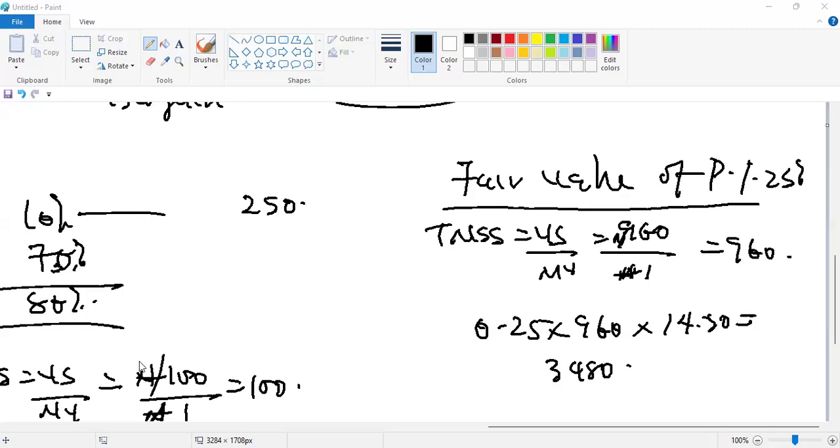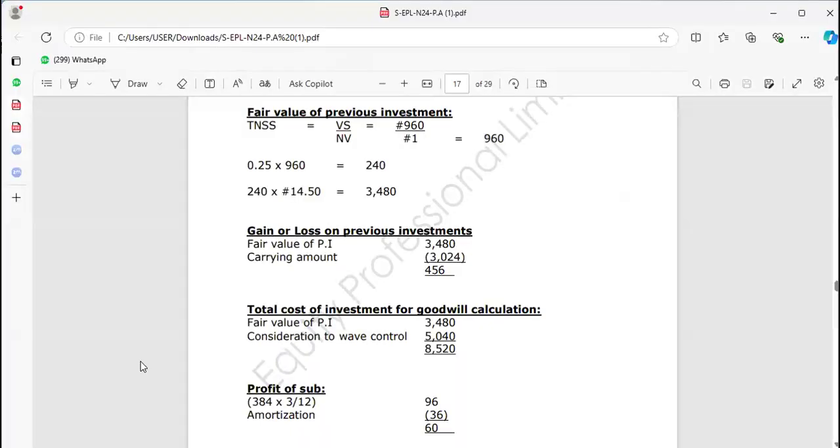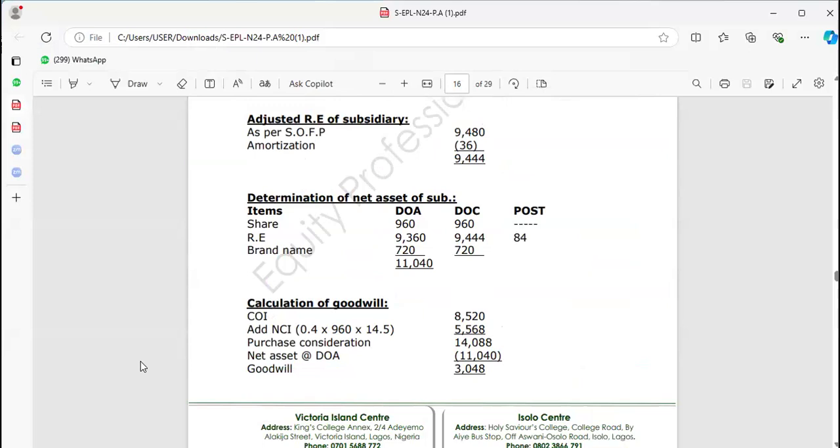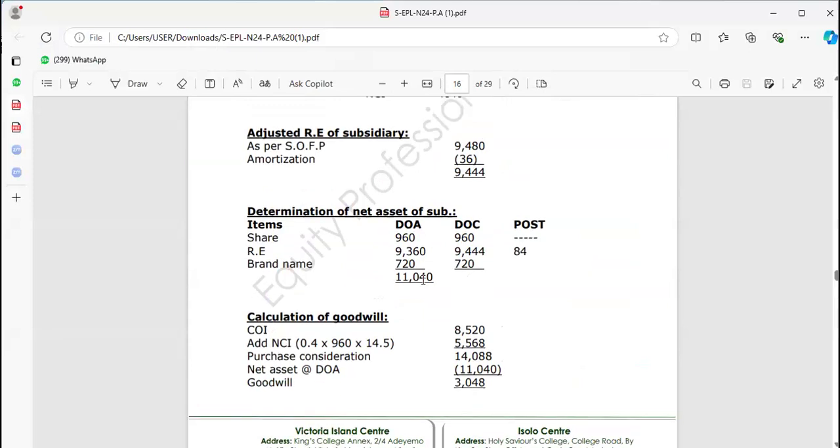The day he has control, the net asset of this day is the net asset on the day he purchased the additional 35%. Yes, you have control now. That is the second thing you need to know.